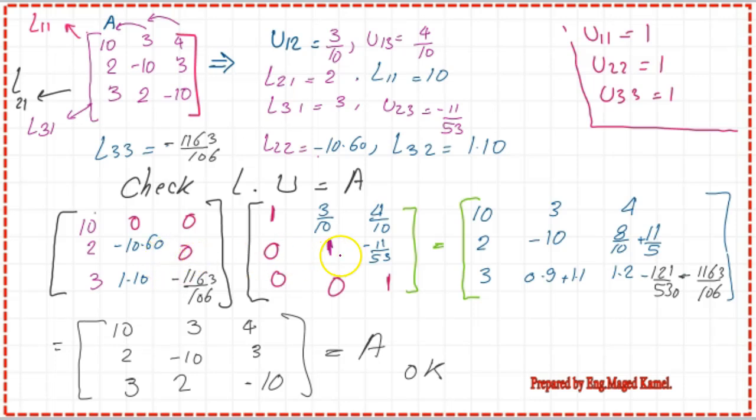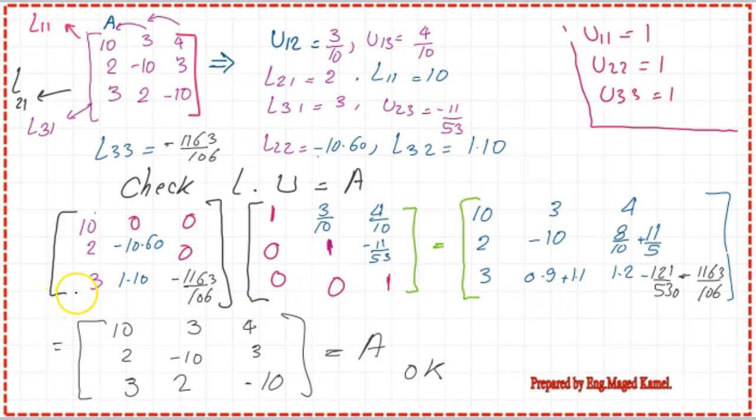Minus 10.6 multiplied by 11 over 53 will give us 8 over 10 plus 11 over 5. Three by 3 over 10 plus 1 by 1.1 will give us 2.